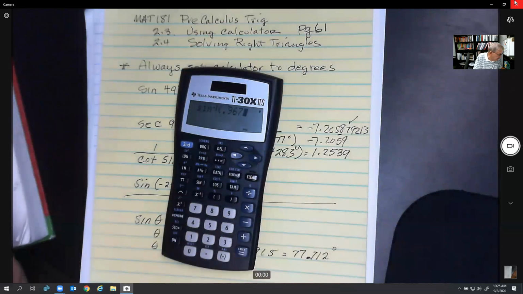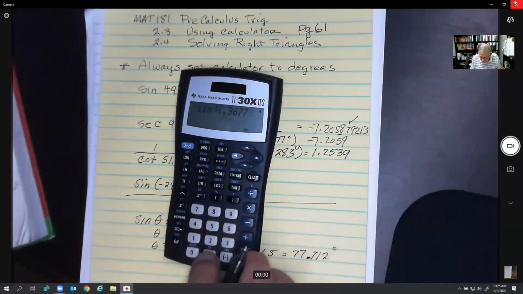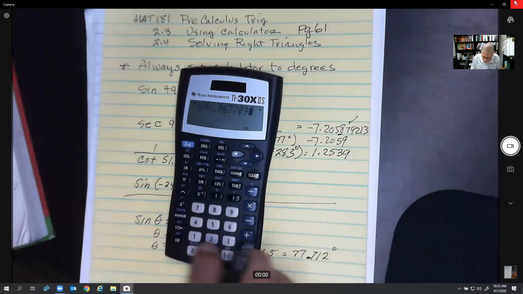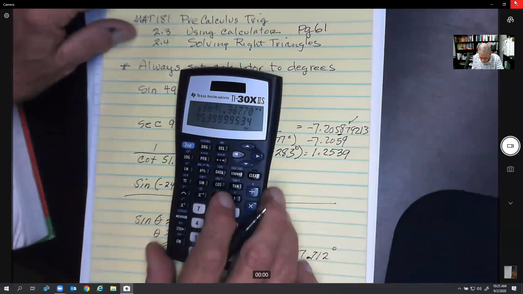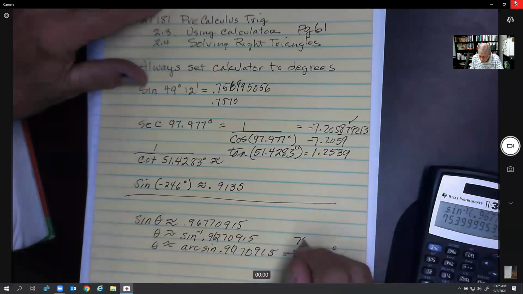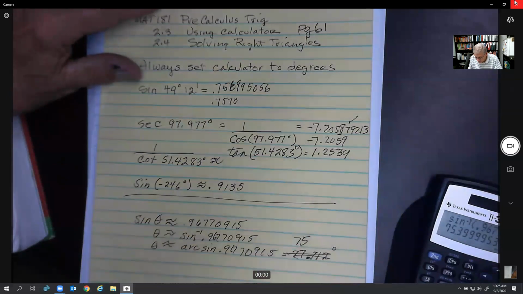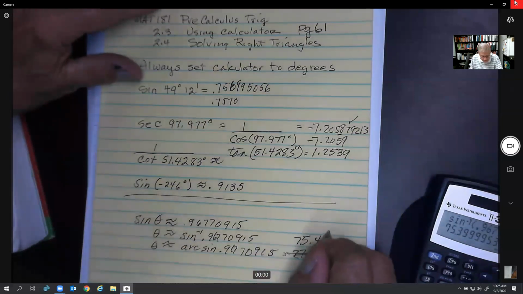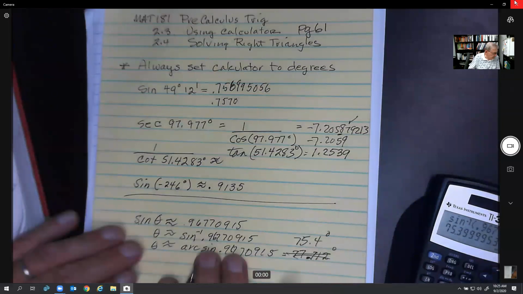You can see I was pretty close anyhow. 709, but not exact. 15 parentheses equals. There we go. 75.39. I call it 0.4 degrees, so I rounded it up. 75.4 degrees.